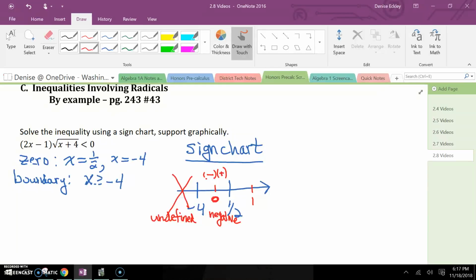When I substitute in 1, I get a positive number in the parenthesis, and again, I will get a positive number in the square root, so I get a positive number. So my solution set, if I'm looking for values that are less than 0, are going to be between -4 and 1/2.